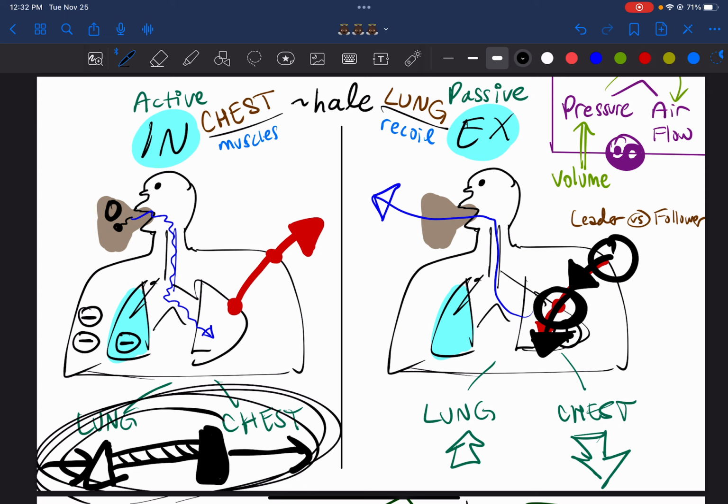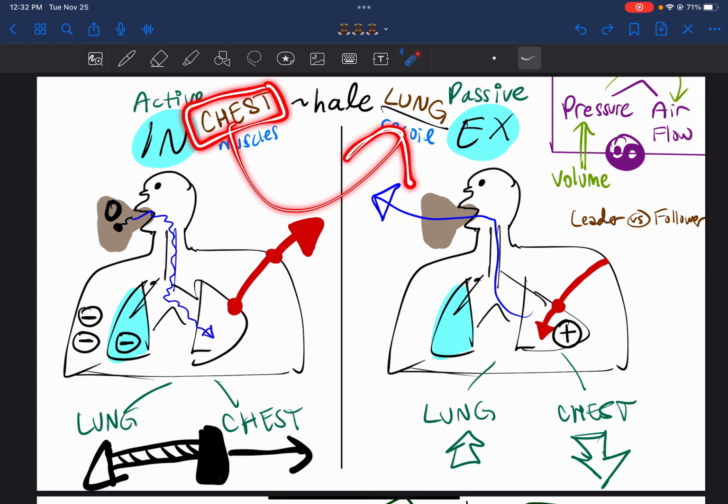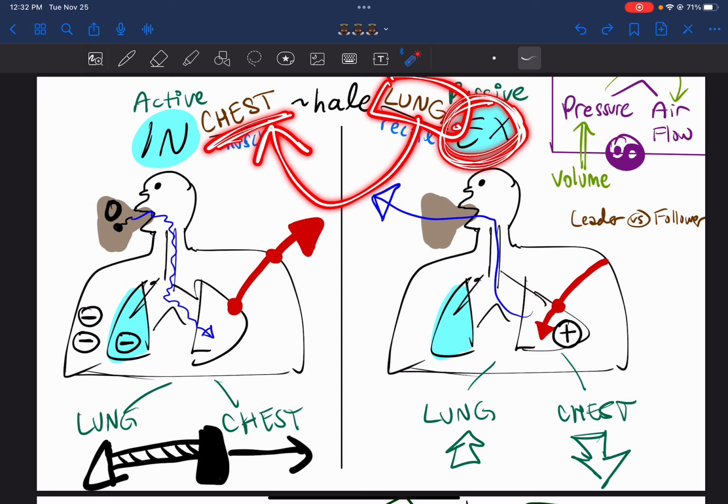It's pulled inward by the lung. So because the lung and the chest wall are connected by a rope, they drag each other places. The chest wall drags the lungs out. That's called inhaling. Then the lungs, in return, drag the chest wall back in. That's called exhaling.